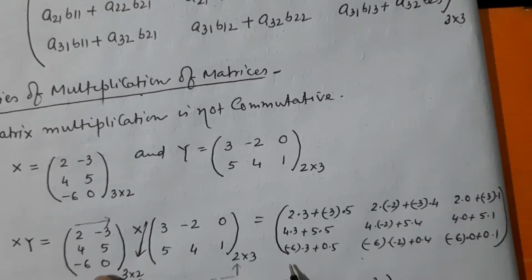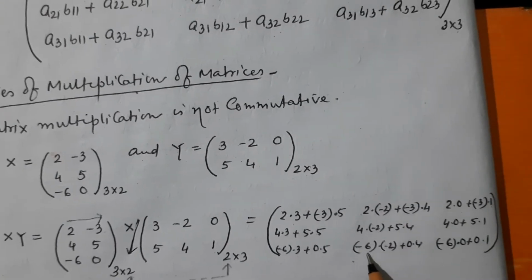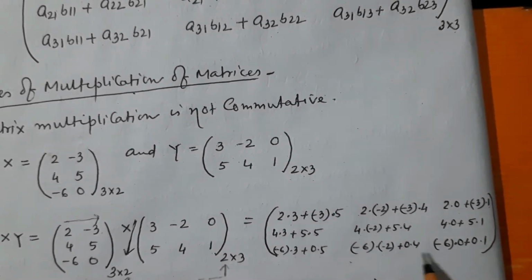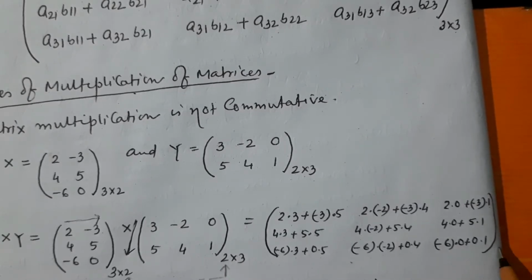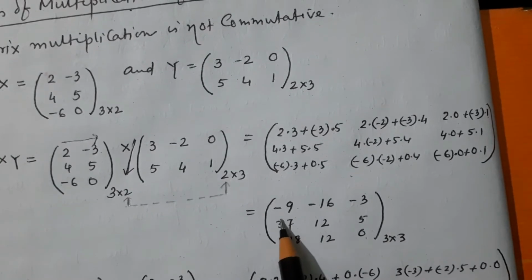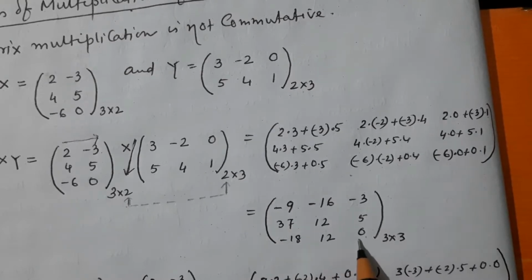Similarly, the third row multiplied with each column of the second matrix gives minus 6 into 3 plus 0 into 5, minus 6 into minus 2 plus 0 into 4, minus 6 into 0 plus 0 into 1. If we simplify it, we get minus 9, minus 6, minus 3, 37, 12, 5, minus 18, 12, 0. And this is a matrix of 3 cross 3.